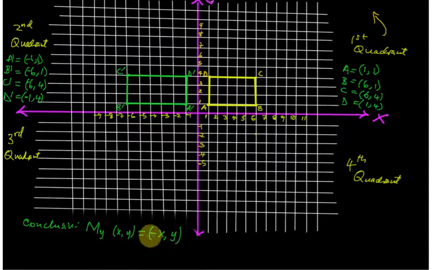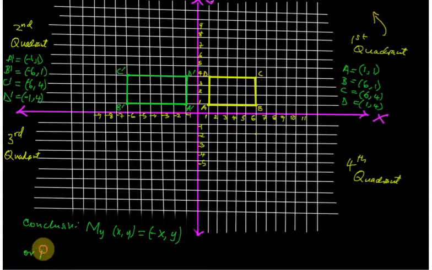So that is our conclusion, that the reflection through y-axis of point x, y will be given by negative x, y.